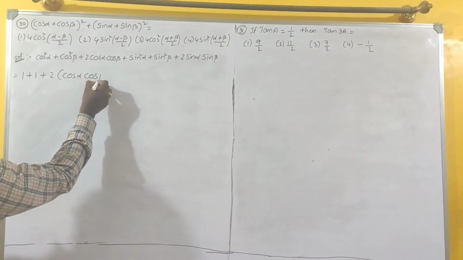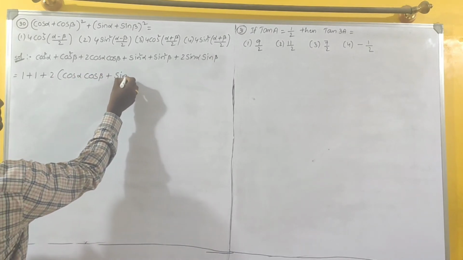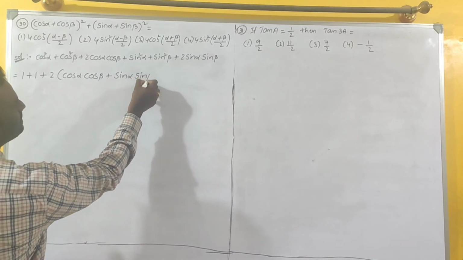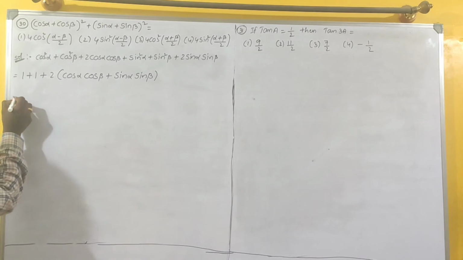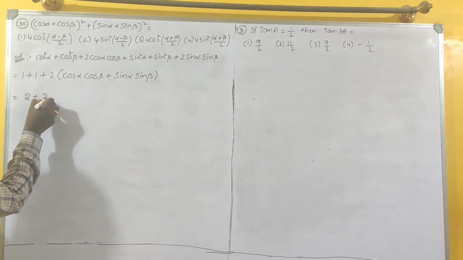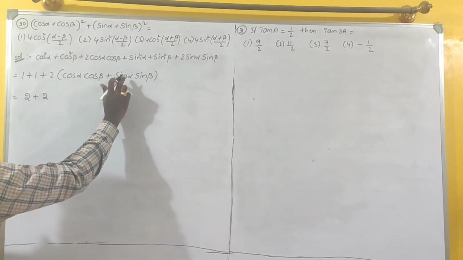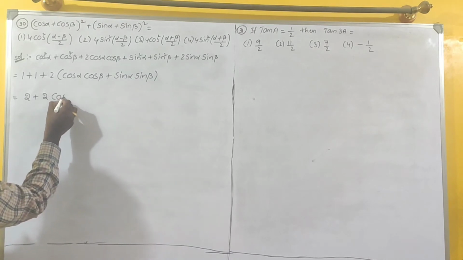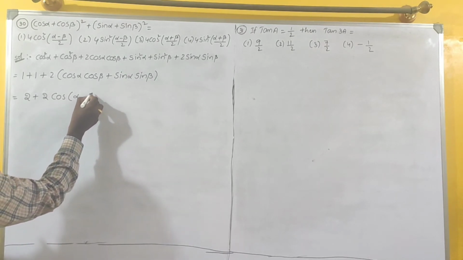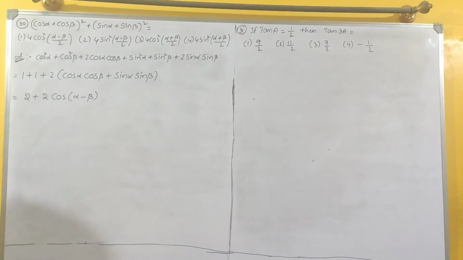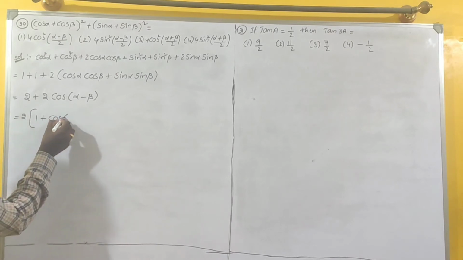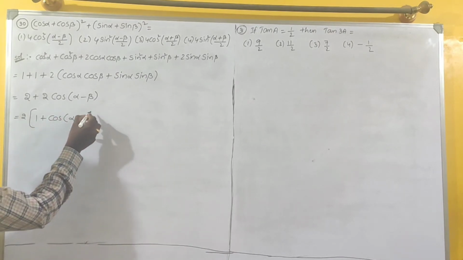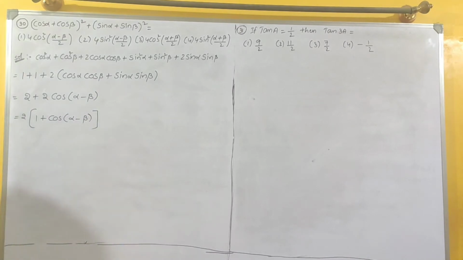Cos alpha cos beta plus sin alpha sin beta. Now 1 plus 1 is 2, plus 2 into cos A cos B plus sin A sin B, which is the formula for cos of A minus B. Now again I will take 2 common. 1 plus cos of alpha minus beta is remaining.